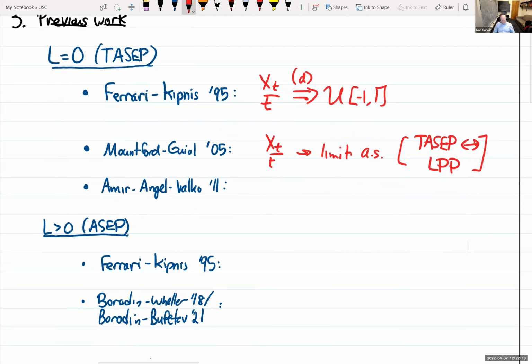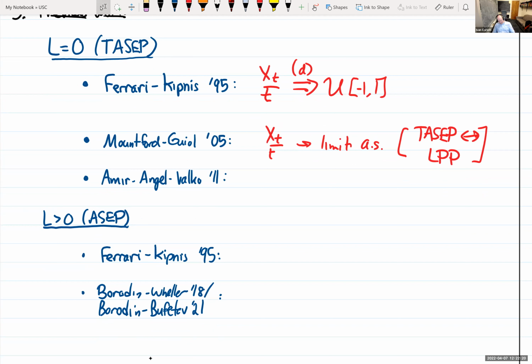Now, the Ferrari-Kipnis method actually still works. Sorry, I should say for TASEP, they constructed this speed process, which follows immediately from Mountford and Guiol, but then they studied it and its properties. So this was the TASEP speed process, which is going to be a different process for ASEP.